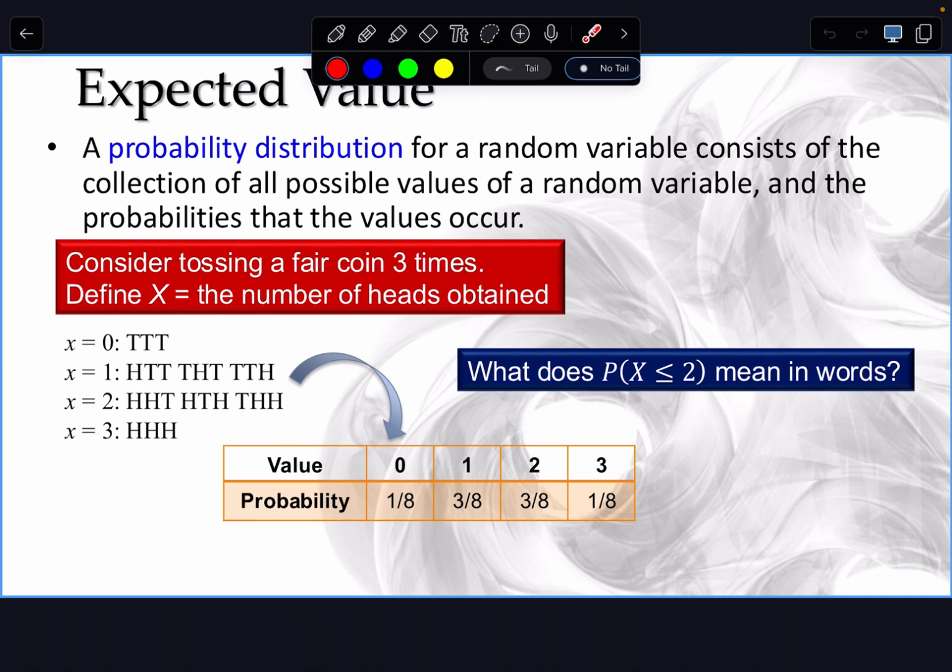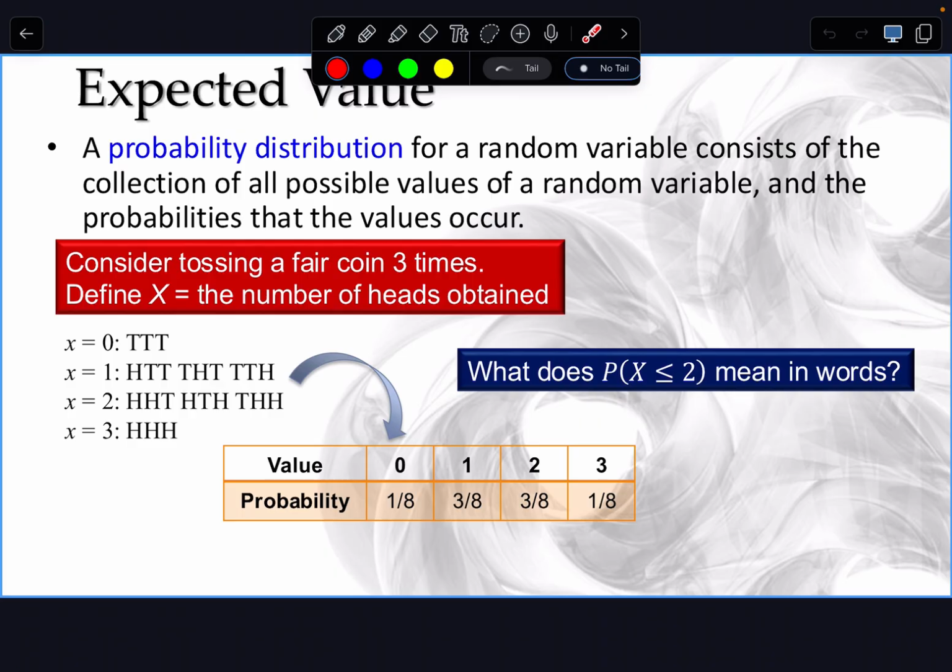So in the example that we're looking at there, if we consider tossing a fair coin 3 times, so we flip the coin 3 times and we record the results. The random variable that we want to investigate, X in this case, is the number of heads that come up in those 3 flips.